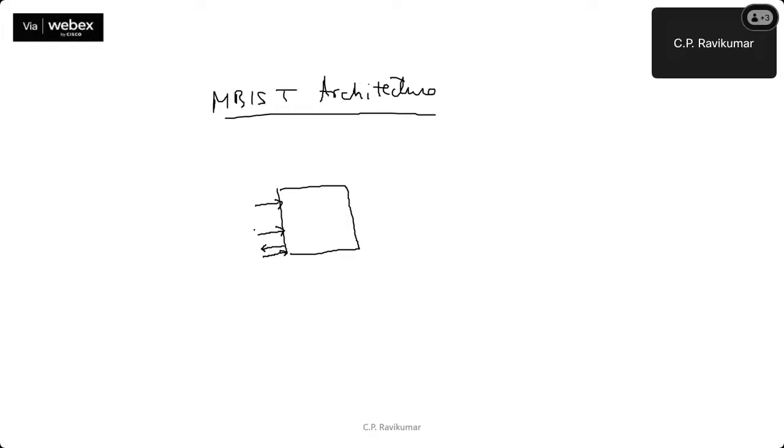Normally it is the CPU which produces these addresses and write data. What we could do is have a multiplexer here. This is coming from the CPU, but we can have a memory-based controller.